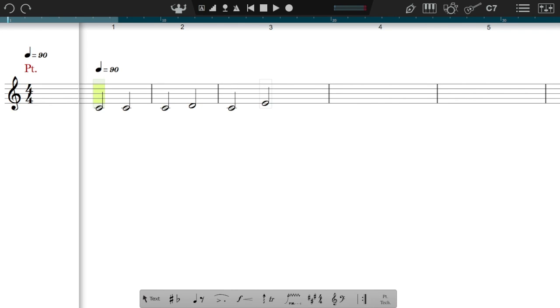C to E, a third. C to F, can you guess? Starting at C is 1, 2, 3, 4, it's a fourth.